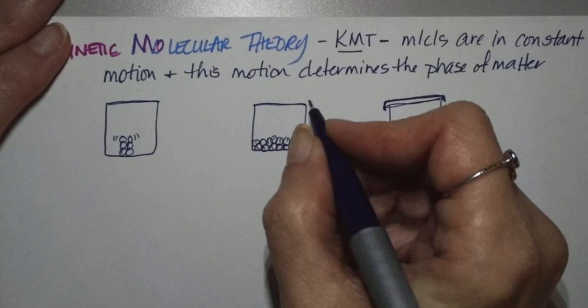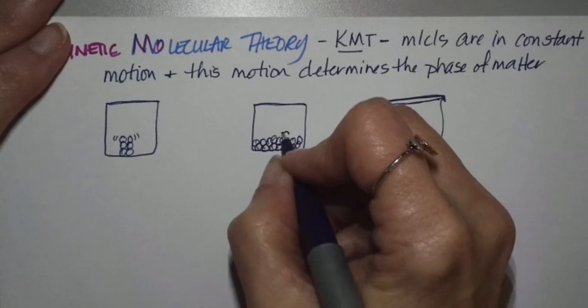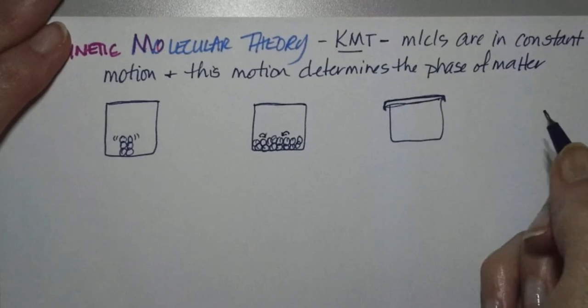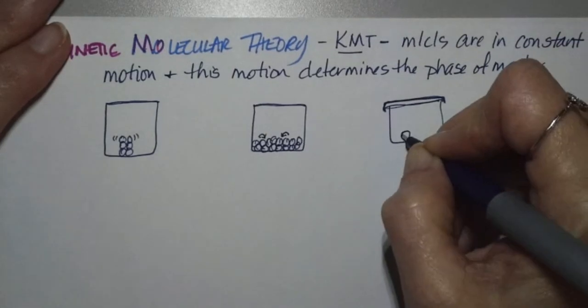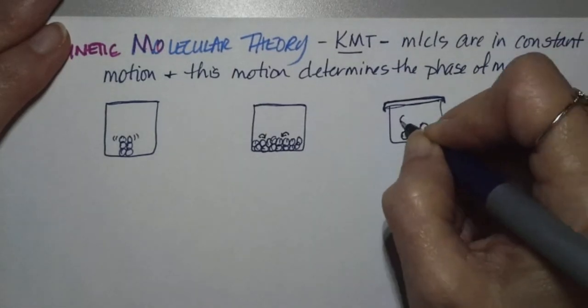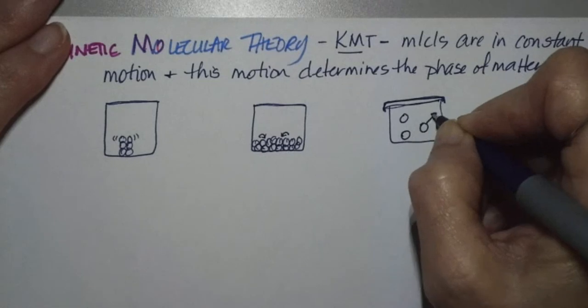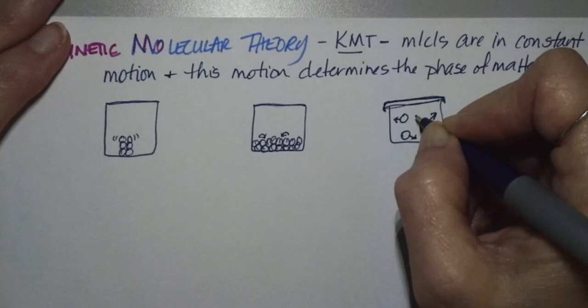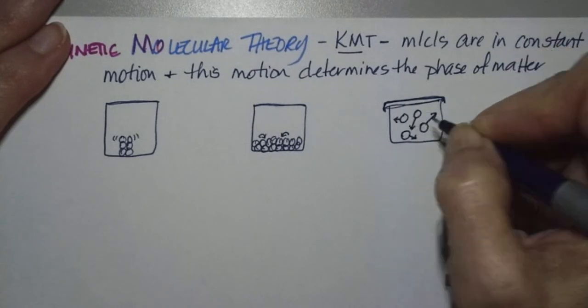And then we have a gas, and the length of the arrows indicates how fast they're going. So we have solid, liquid, gas.